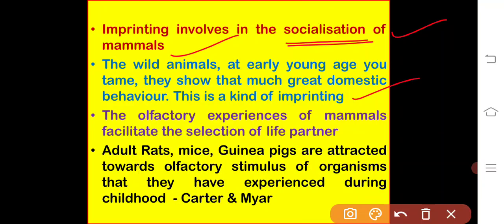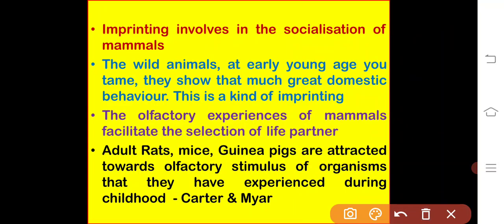And the olfactory experience of the mammals facilitates the selection of their life partner. Those olfactory senses that they experience during their childhood facilitate the mammals to select their life partner.